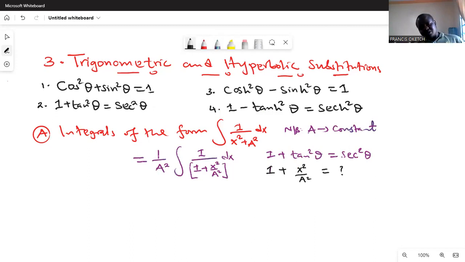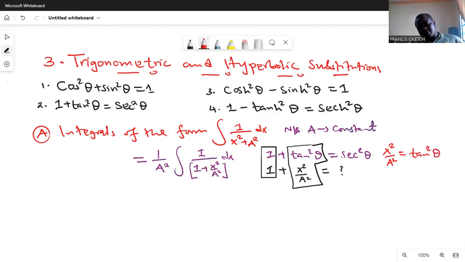What can you say? 1 can be compared to 1. So we can easily say that tan squared theta is the same as x squared over a squared when you do the comparison. So from here, x squared over a squared is the same as tan squared theta.